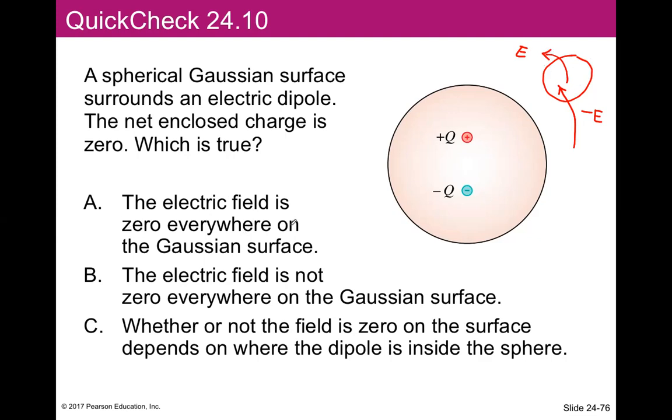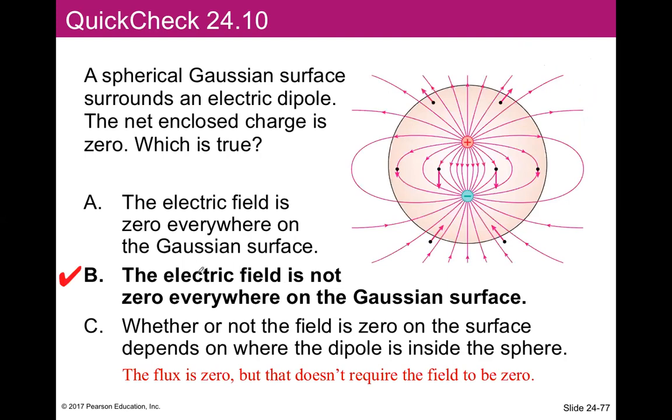Then let's take a look at the answers. Here you have a negative charge, a positive charge. The electric field is distributed in this way. So the electric field is non-zero. It's stronger when it's closer to the charges, and it's weaker when it's further. So it's non-zero.